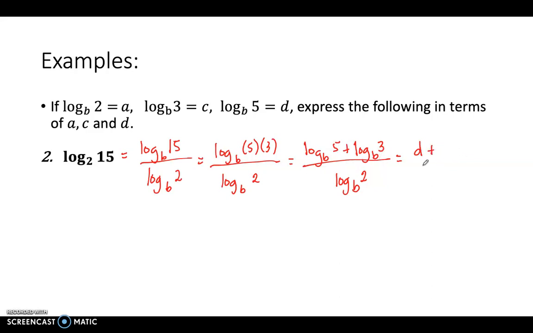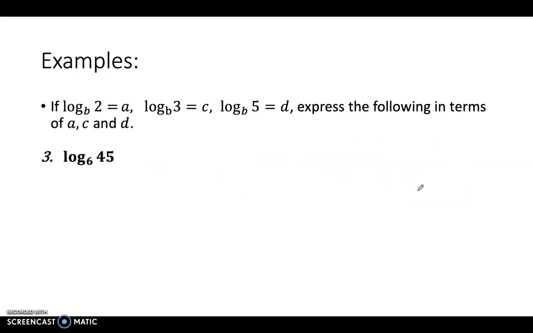That's equal to C. What is the logarithm of 2 base B? That's equal to A. So the value of our logarithm is simply equal to D plus C all over A.